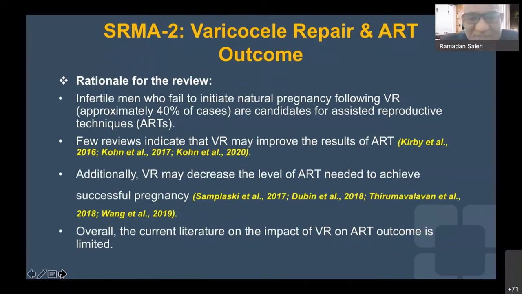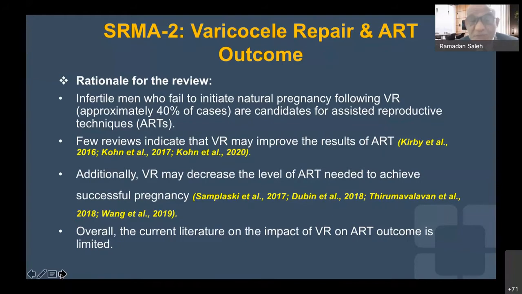As Dr. Rubin just explained, approximately 60% of cases who undergo varicocele repair would benefit from the surgery in terms of successful natural fertility outcomes. And in this case, there are 40% of cases that will remain without having natural pregnancy, and this category are the candidates for assisted reproductive technique, which is the next level of intervention.